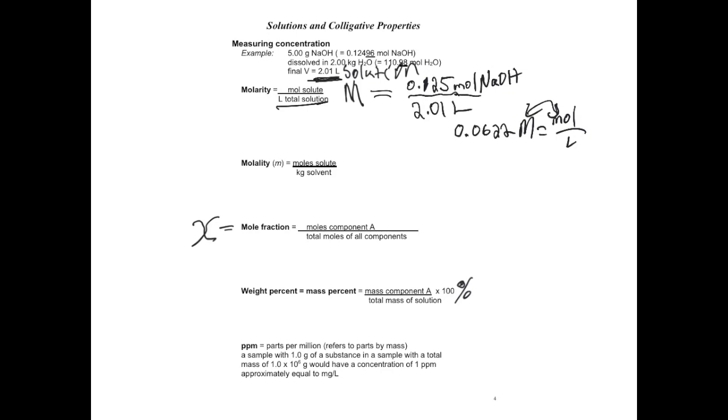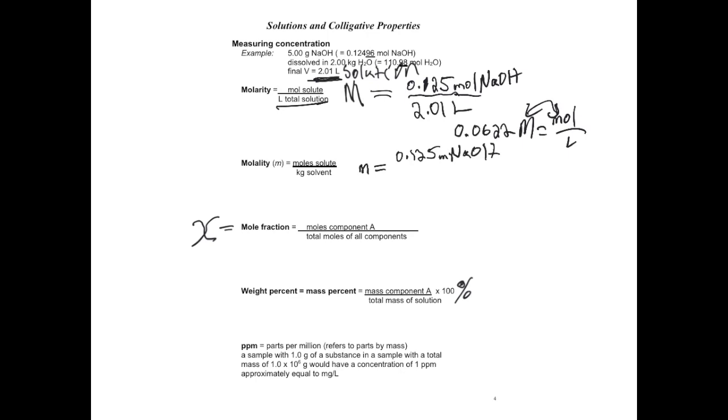Molality. Moles of solute divided by kilograms of solvent. So in this case, we have our moles of solute, and molality is a small m. And so we'll go with 0.125 moles of sodium hydroxide.